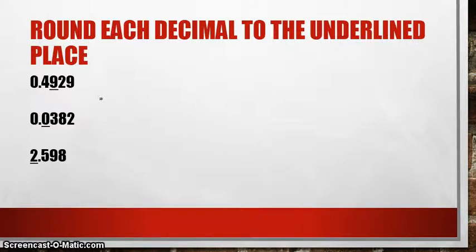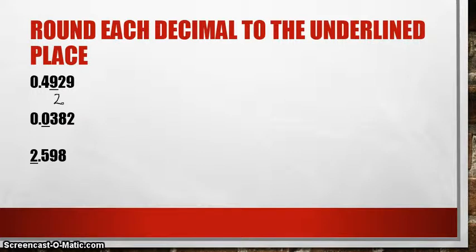Alright, next let's look at the decimals. So I'm going to do the first one and I will ask you to try the next two by yourselves. So with decimals it works exactly the same way. So you look at the place that you're asked to round to, and you look to the right of it, and you can see if it's 4 or less or 5 or greater.